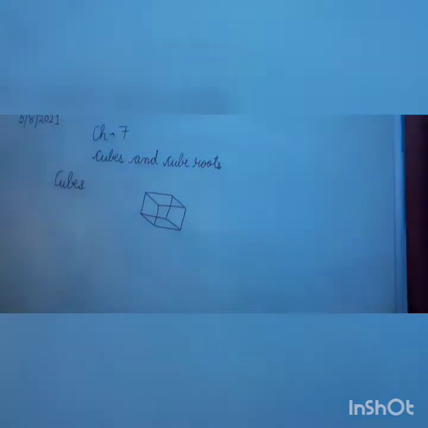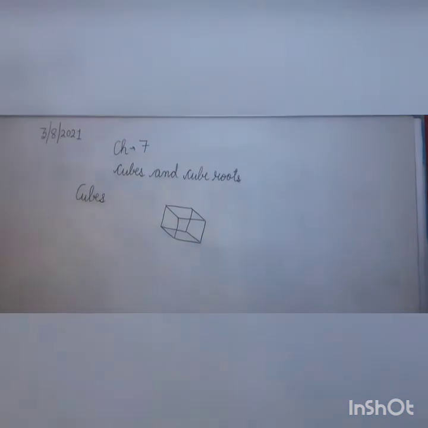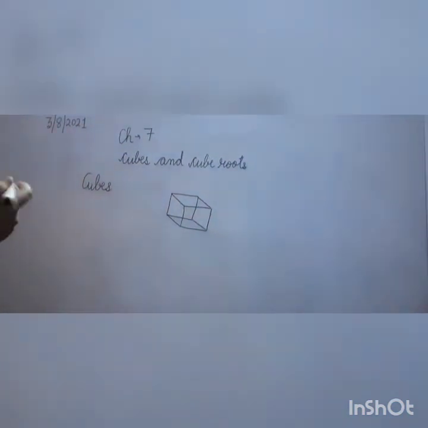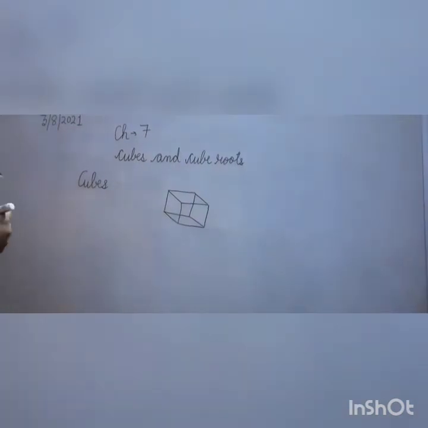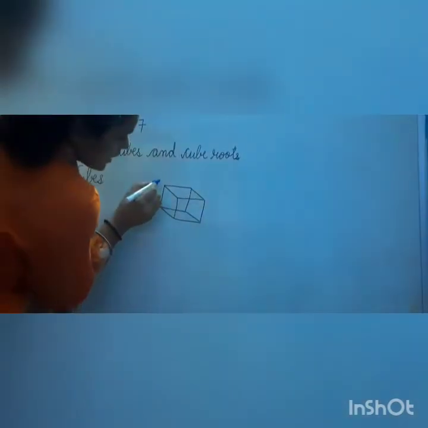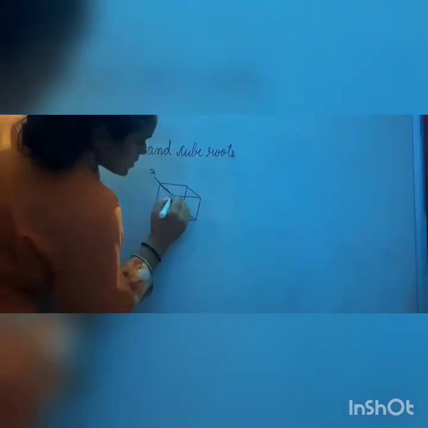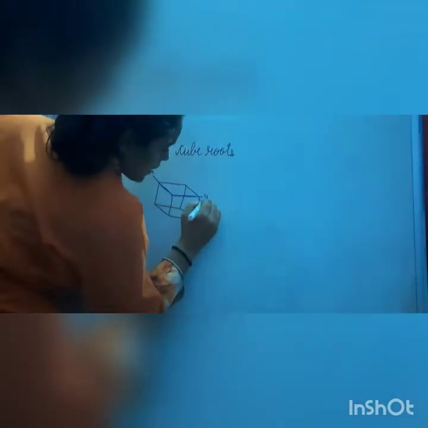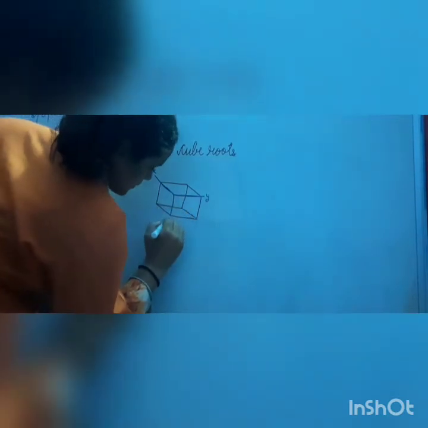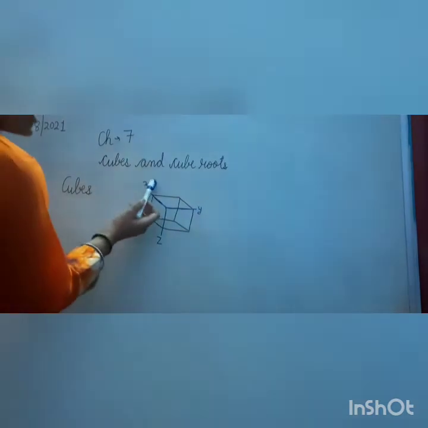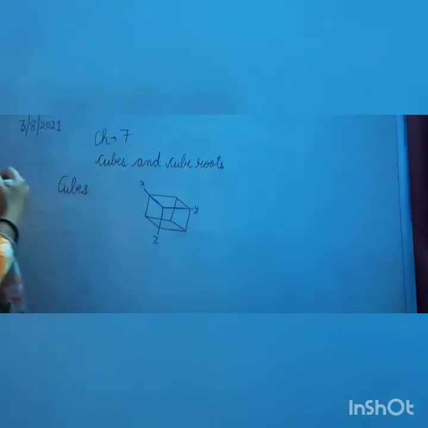What is solid shape? A figure which has 3 dimensions is known as a solid shape. You are seeing that this is line X, this is line Y, and this is line Z. You can see here that there are 3 dimensions.